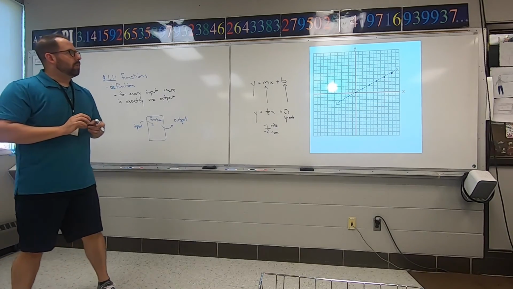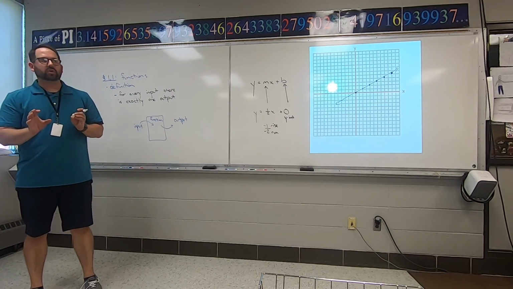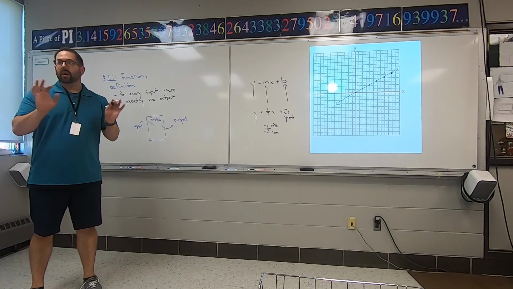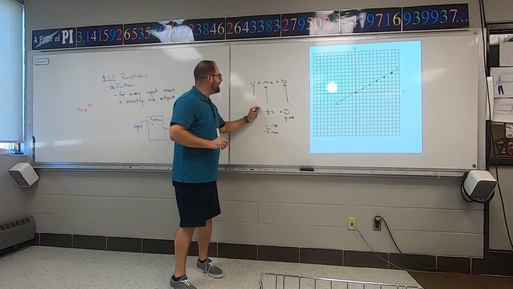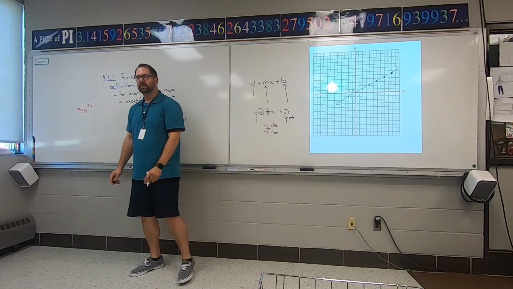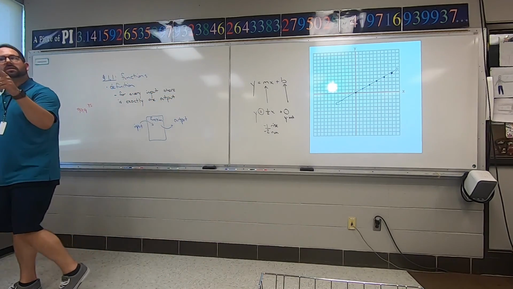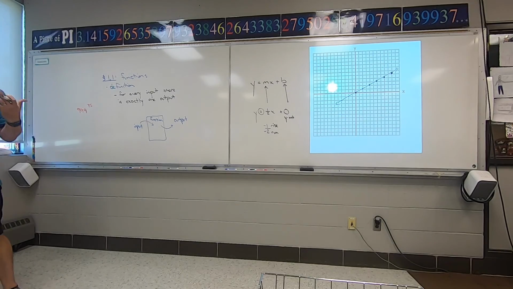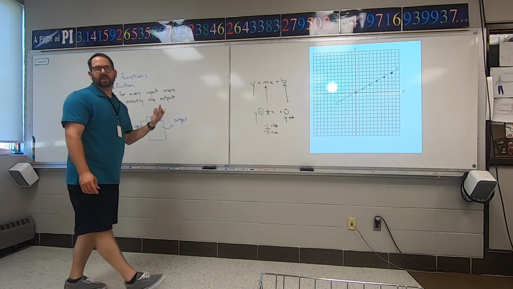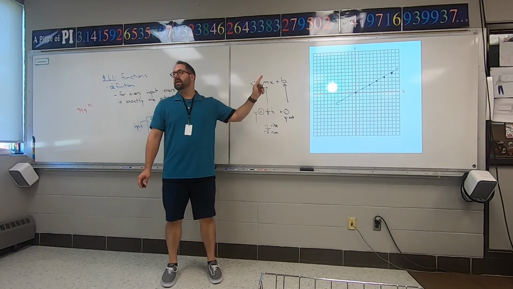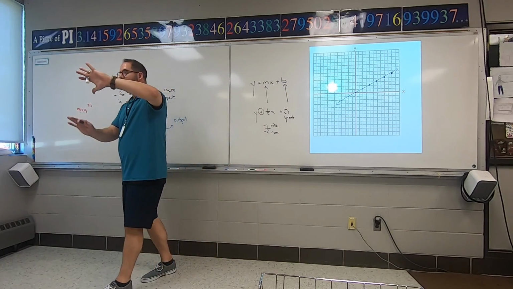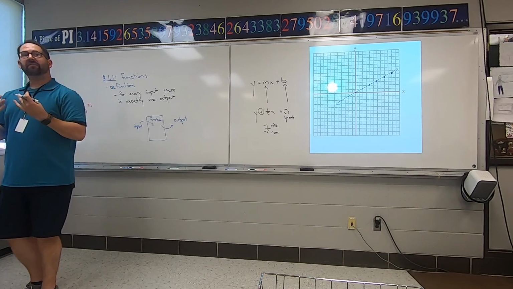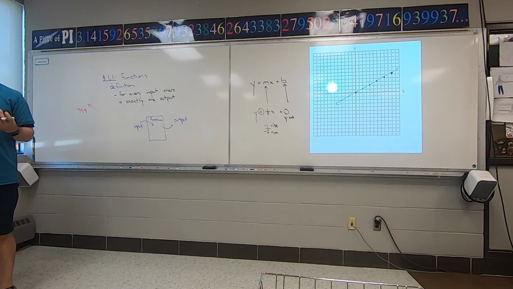So, the idea is that on a linear function, all the numbers count. That's why it's a solid line. The other thing that gives it away is it had an equal sign. That's from Algebra 1 class. An equal sign means the line is solid. If it was a less than symbol or a greater than symbol, the line would be a dashed line, and you'd have to shade half of the graph, because half of the graph would actually work in that problem.